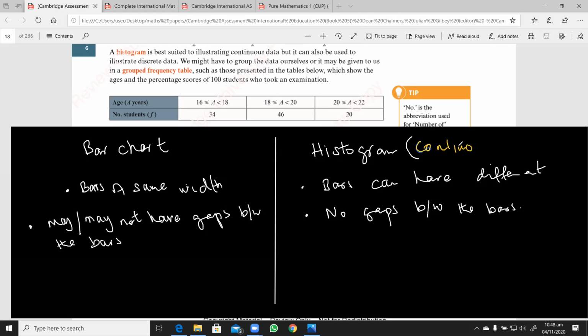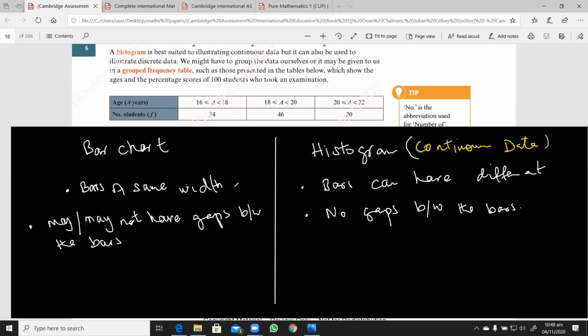Continuous data, okay? You know what is continuous data? Yes, Mariam, what is continuous data? In other words, continuous data is the data that is collected by measuring.